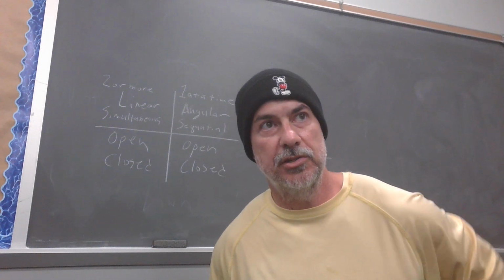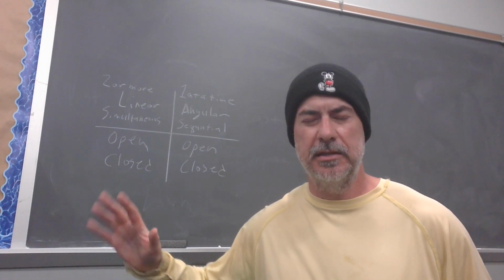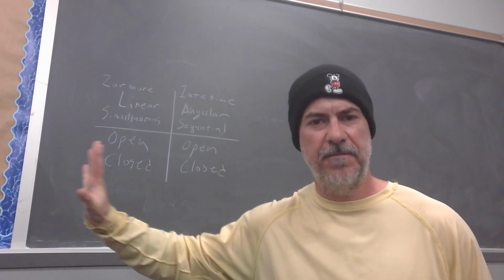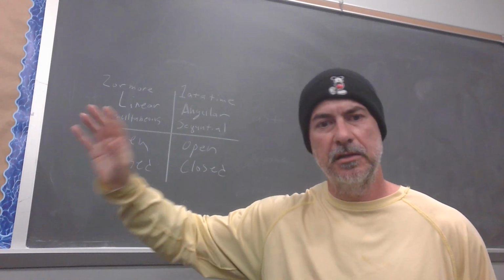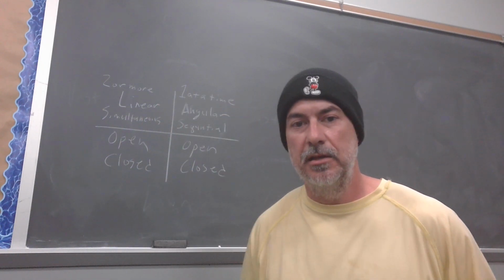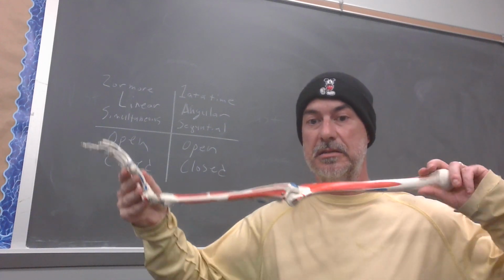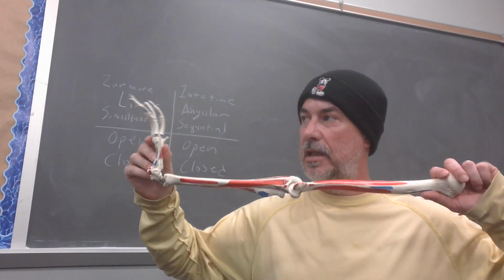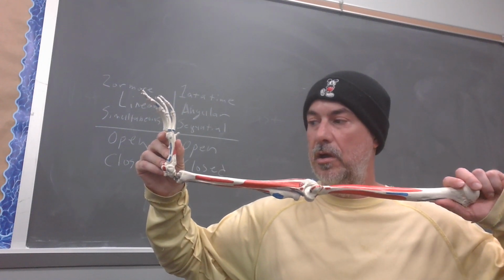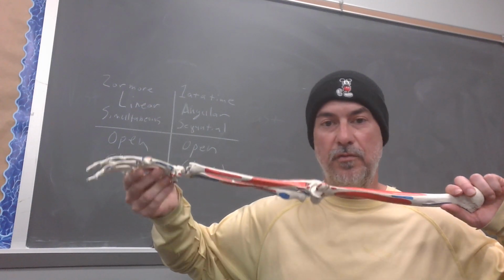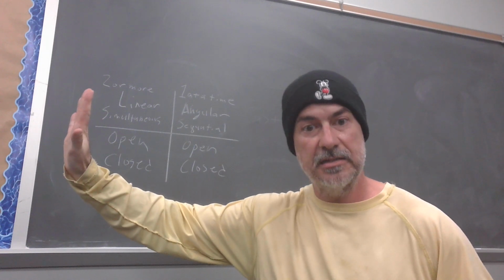Closed traditionally is when the distal segment is fixed, so the smaller part is fixed, the door is fixed, and then the proximal pieces have to move about the distal pieces. So if my hand was up against a wall, I couldn't just move my hand because it's fixed, it's anchored.